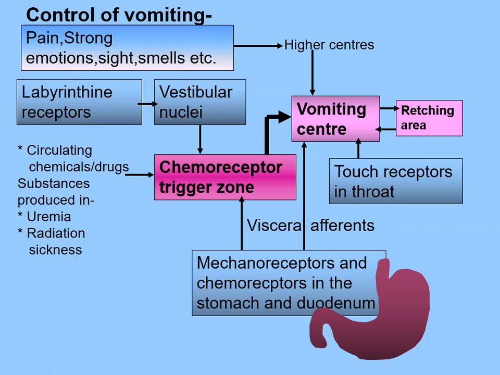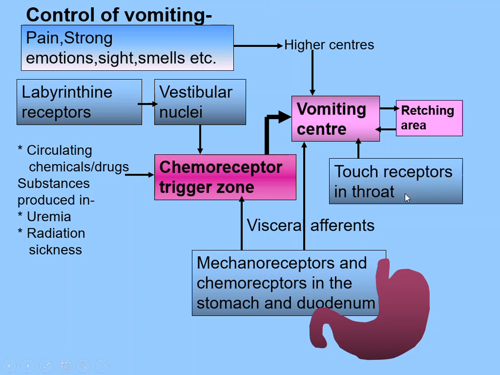Strong emotion leads to vomiting. Sights and bad smells lead to vomiting. So when we feel these emotions and smells, it is conveyed to higher centers. Higher centers send impulses to the vomiting center. So the vomiting center is triggered and leads to vomiting.